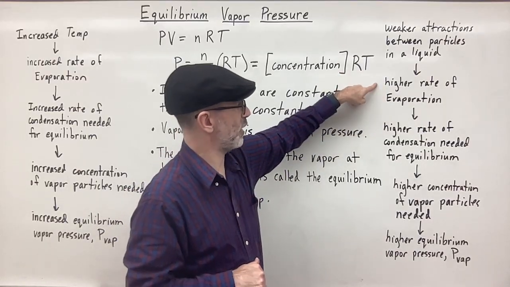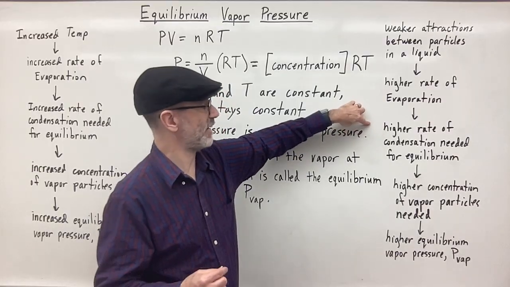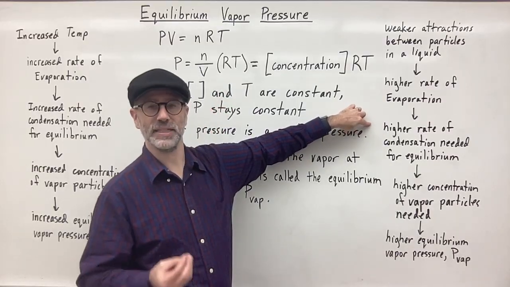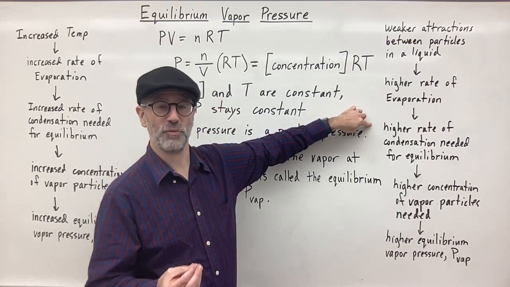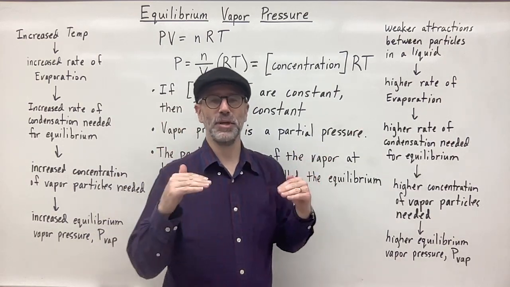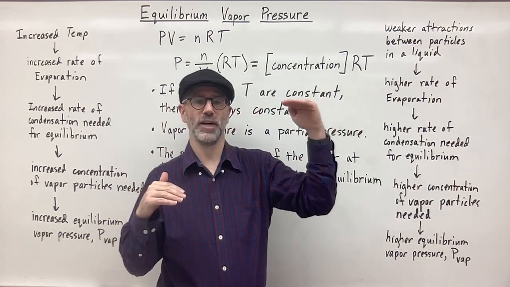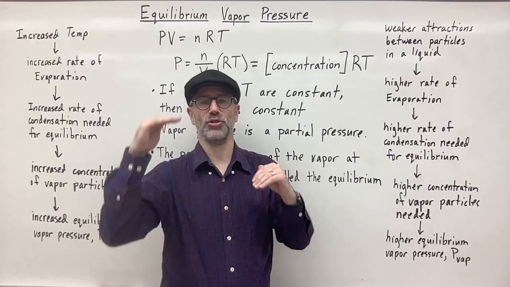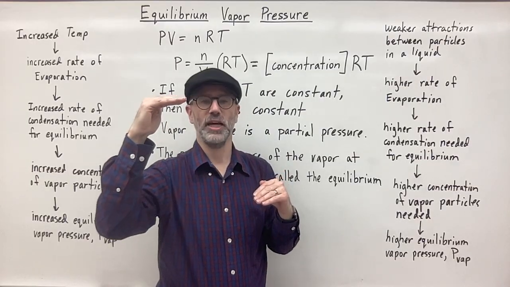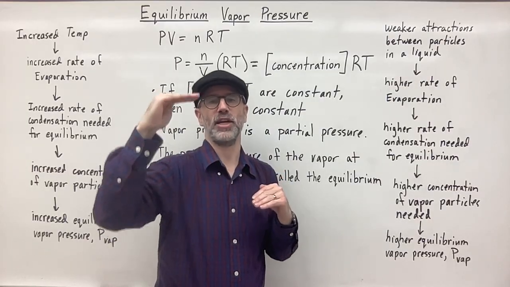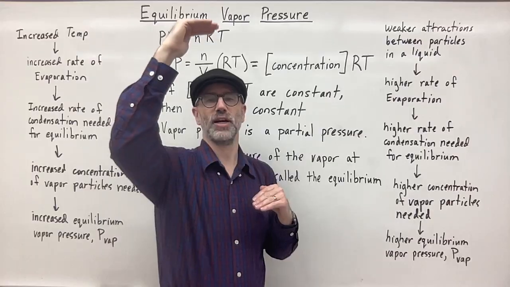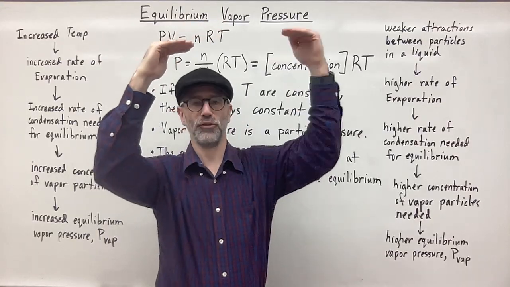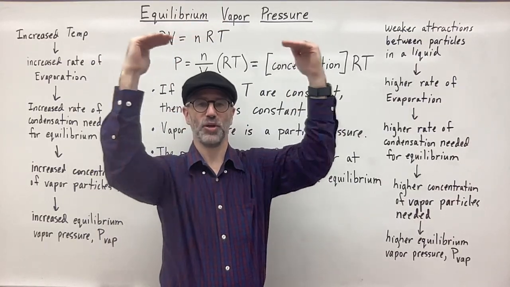Higher rate of evaporation means that you're going to need a higher rate of condensation for equilibrium, right? Remember, at dynamic equilibrium, the rate of condensation has to be equal to the rate of evaporation. If the rate of evaporation is higher, then your rate of condensation also has to be higher to be equal, right?